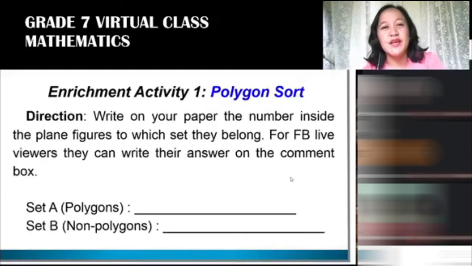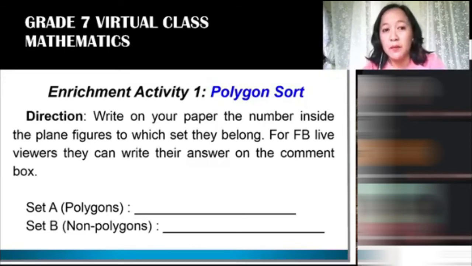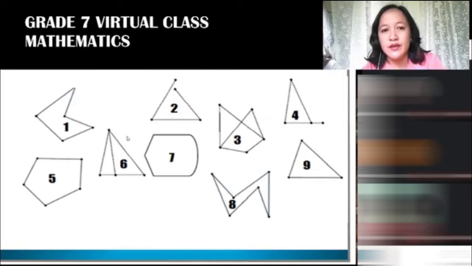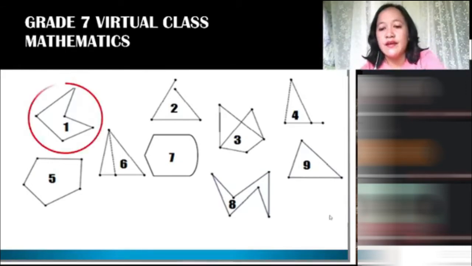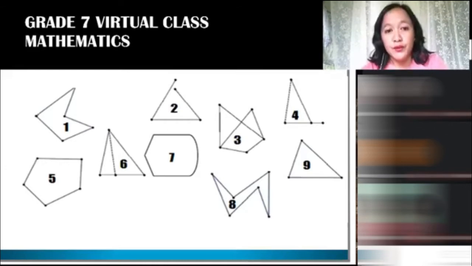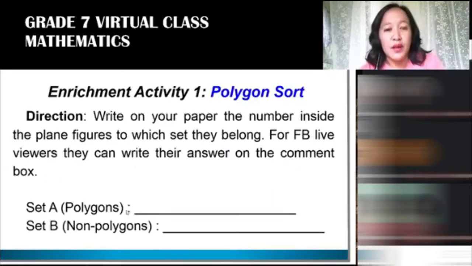Okay, now, tingin ko handa na kayo for our enrichment activity. So, for our enrichment activity number 1, on your paper, you're just going to write the number, okay? So, as you can see, there are figures here. There are numbers inside these figures. What you're going to do is sort these given figures into set A, polygons, and set B, the non-polygons.